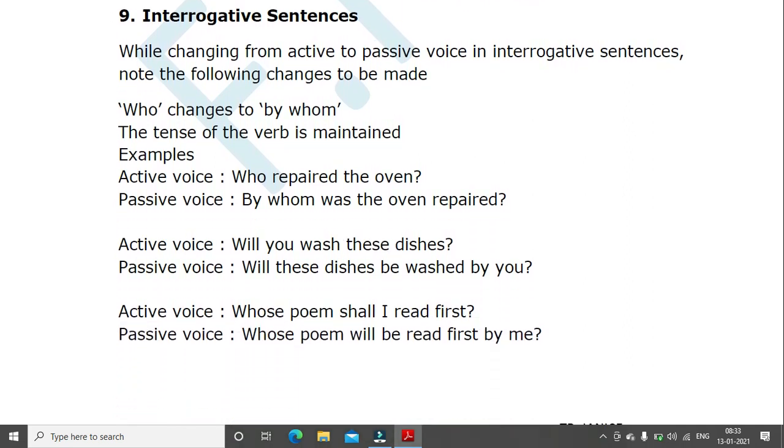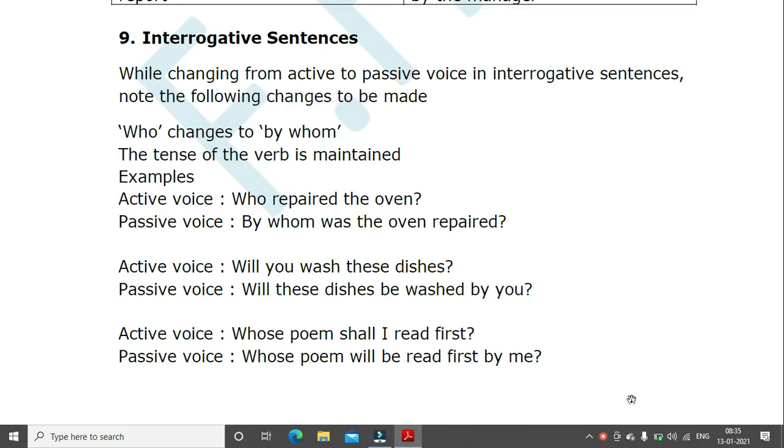These dishes. So, here you just see what is the action, wash, and what is being washed, these dishes, and you are the person doing the action. So, you will come last. So, it will start with these dishes. These will, but you put your question over here because it is a question. So the question word remains the same. Just copy this first question word down as it is.